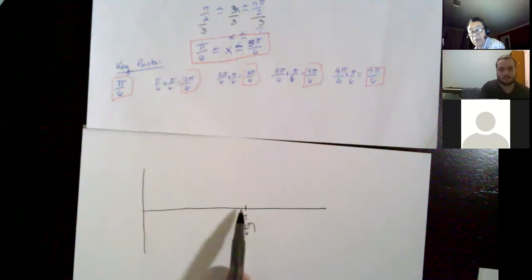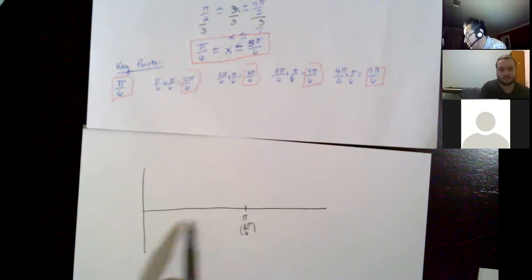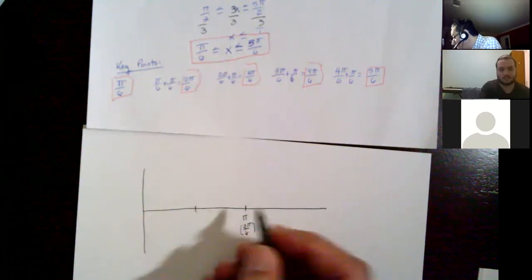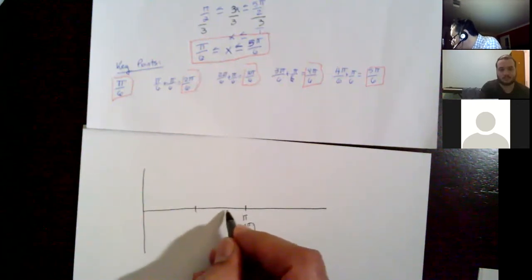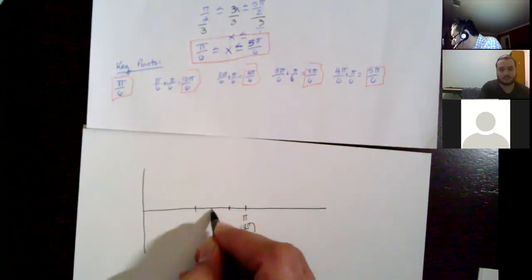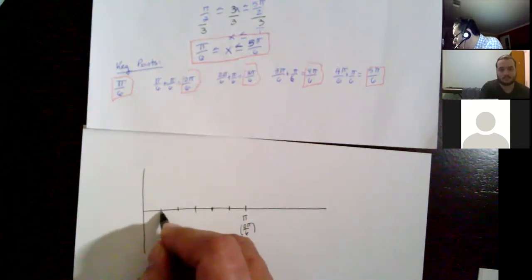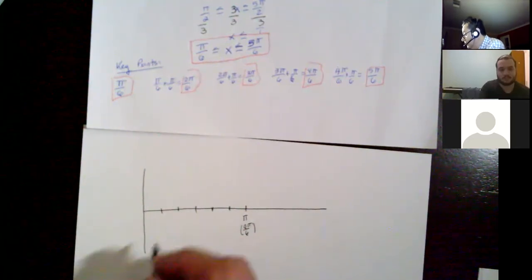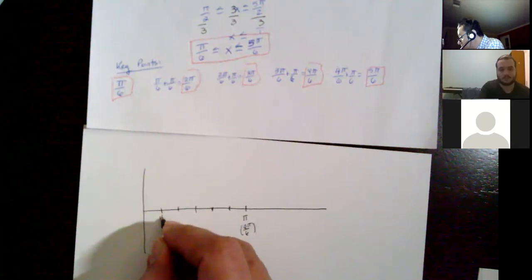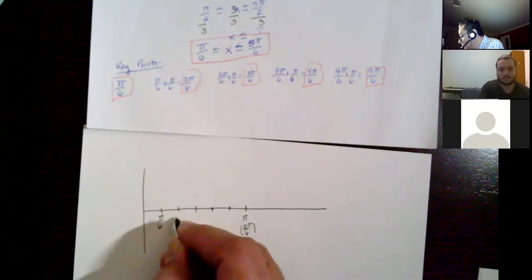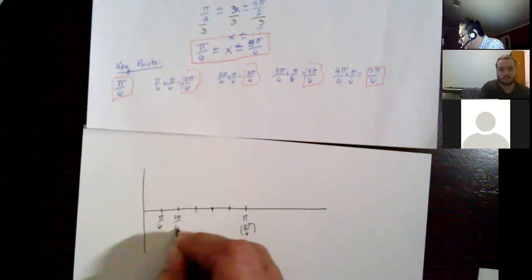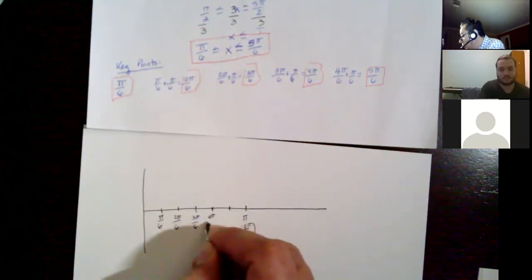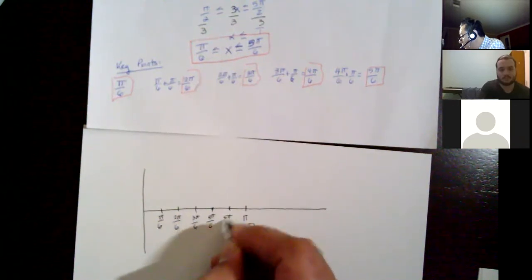And from 0 to pi, you divide in 6 parts, and let's do that. All right, 1, 2, 3, 4, 5, 6. So here is pi over 6, 2 pi over 6, 3 pi over 6, 4 pi over 6, and 5 pi over 6.